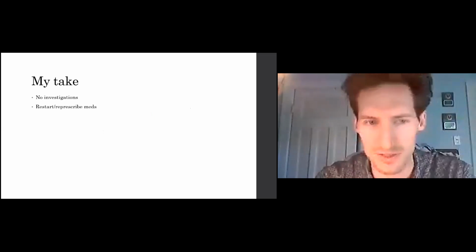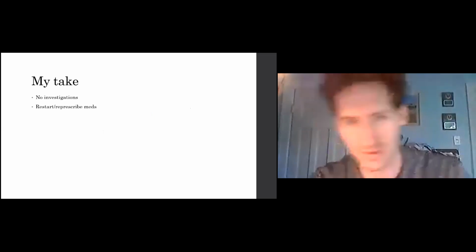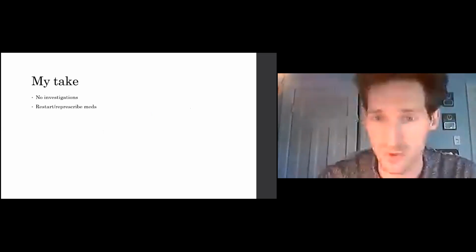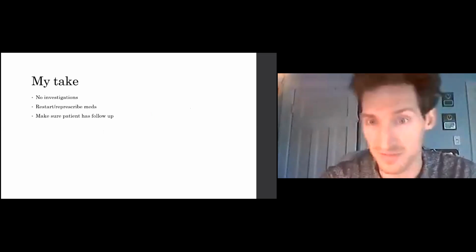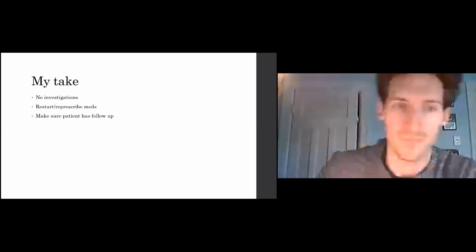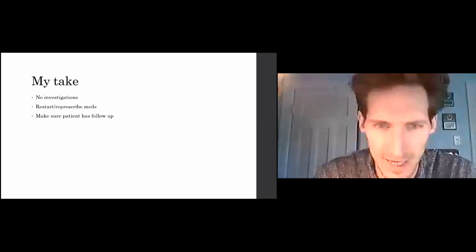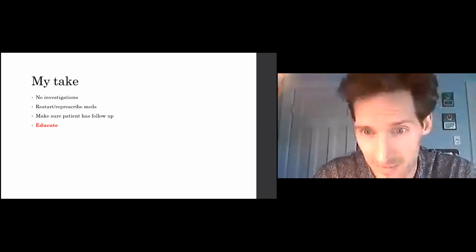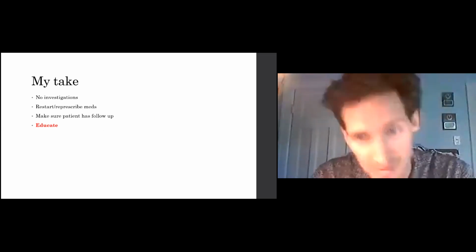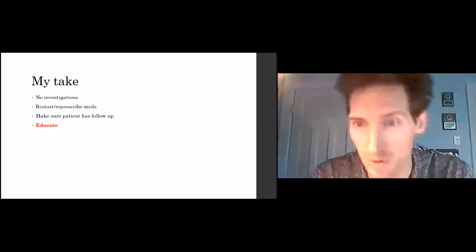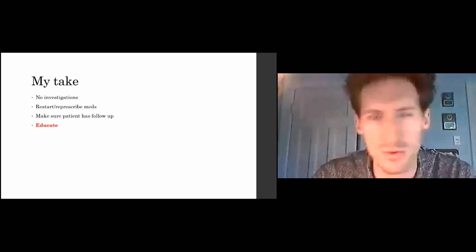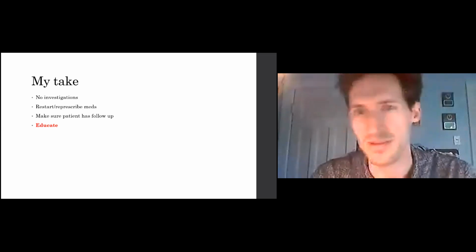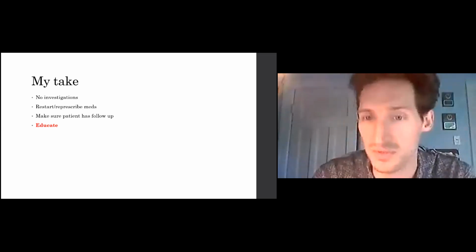For the patients that are known hypertensive that weren't taking their meds, you restart or re-prescribe them. You make sure that the patient has follow-up, and that's absolutely key. And educate the patient, maybe educate the pharmacist that sent them over, maybe educate the primary MD. So those would be the four things that I would focus on for these patients.